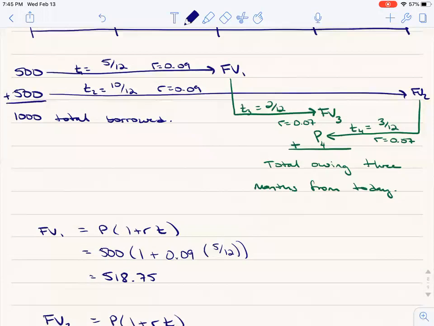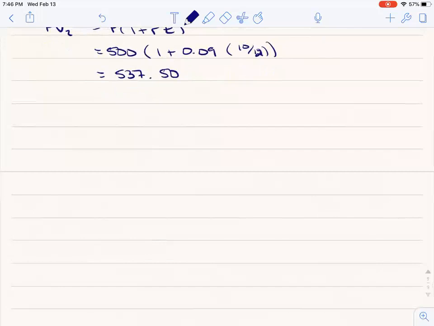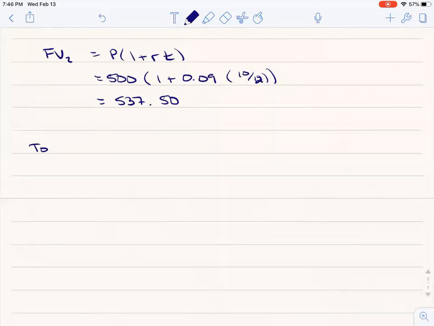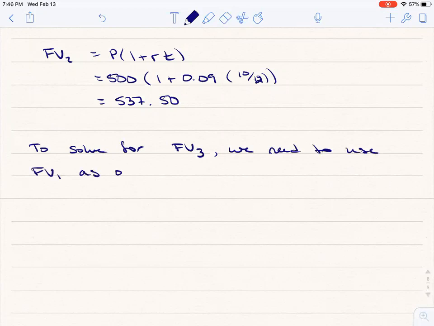To solve for future value 3, we're using future value 1 as our present value. So to solve for future value 3, we need to use future value 1 as our present value.